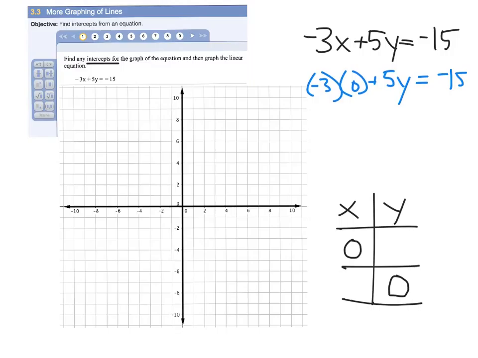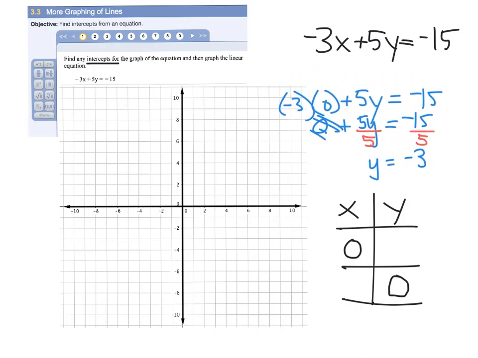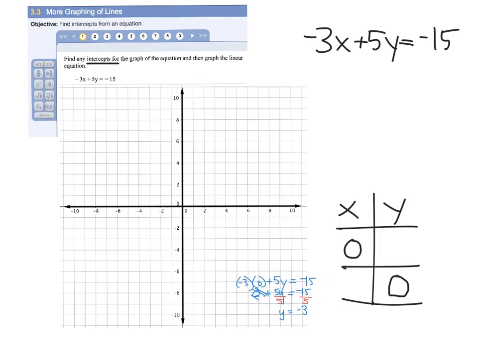So this becomes 0 plus 5y equals negative 15, and we can ignore that 0 because it's meaningless. Now we divide both sides by 5 to get y by itself, and we end up with y is equal to negative 3.